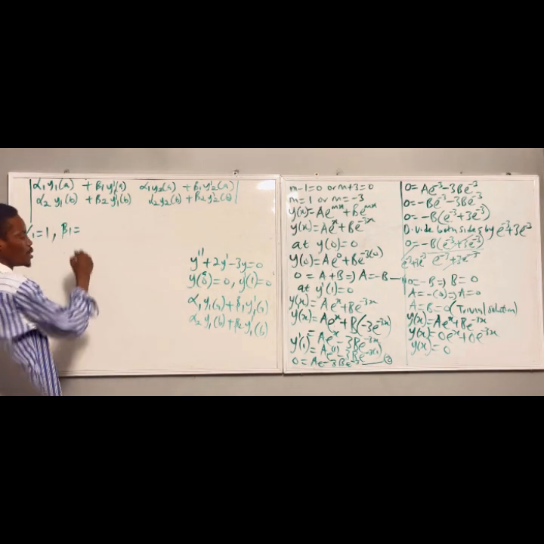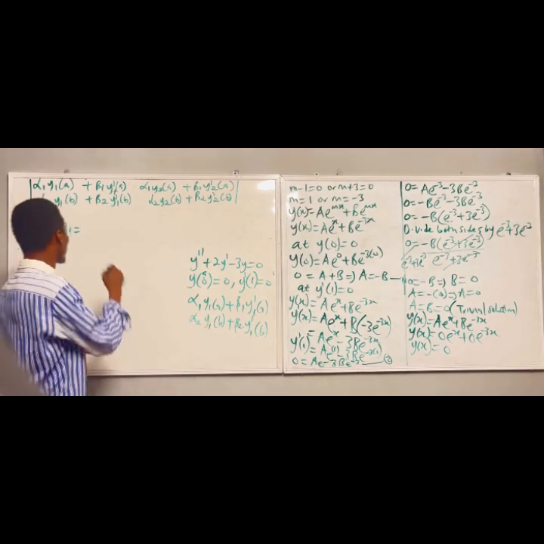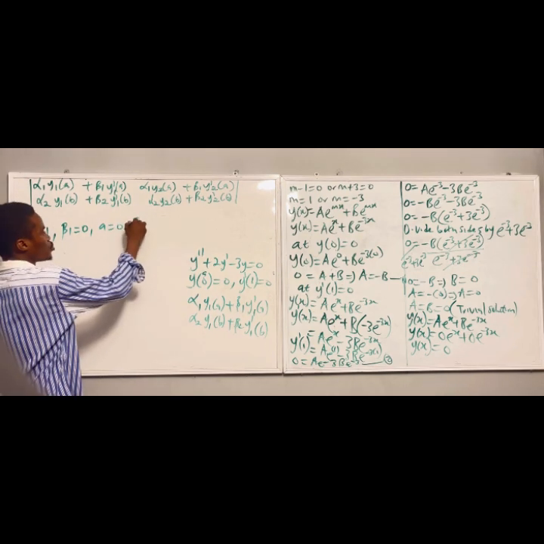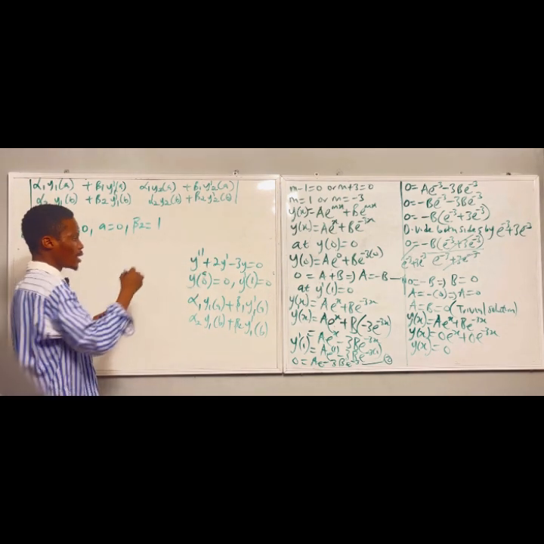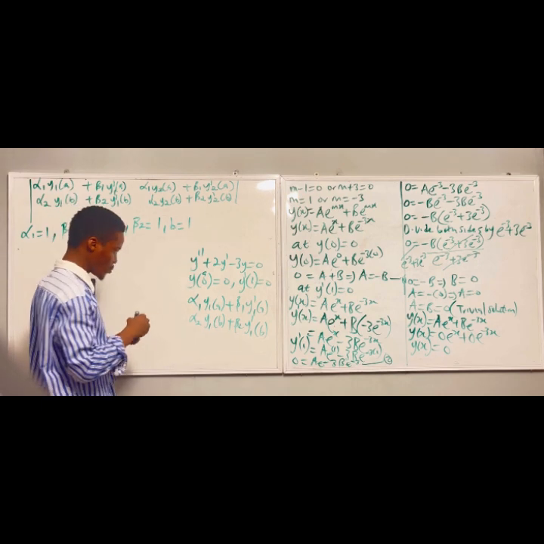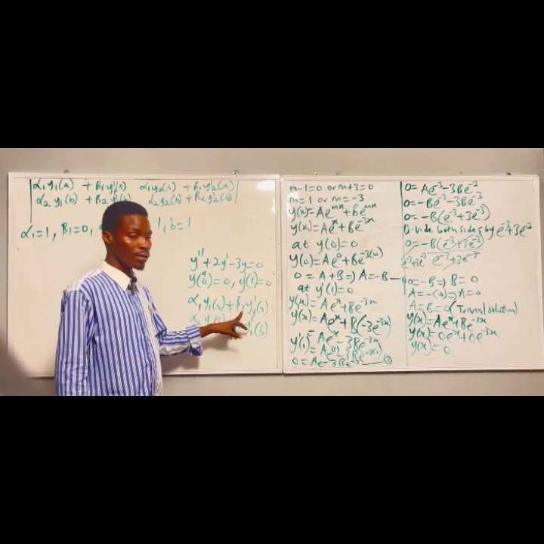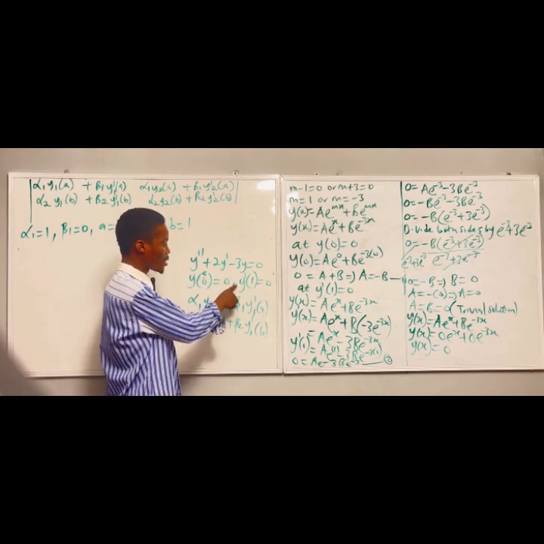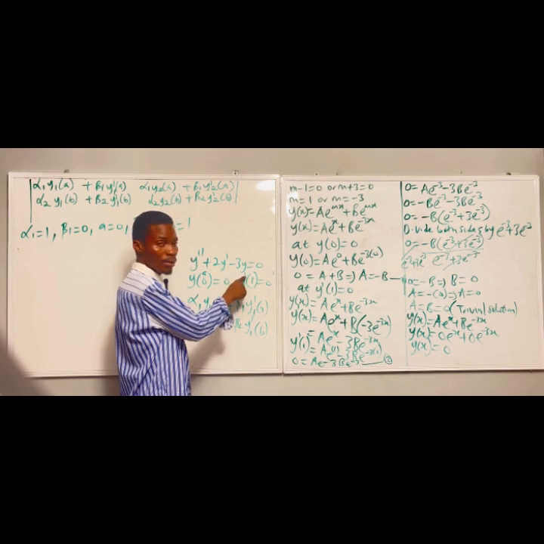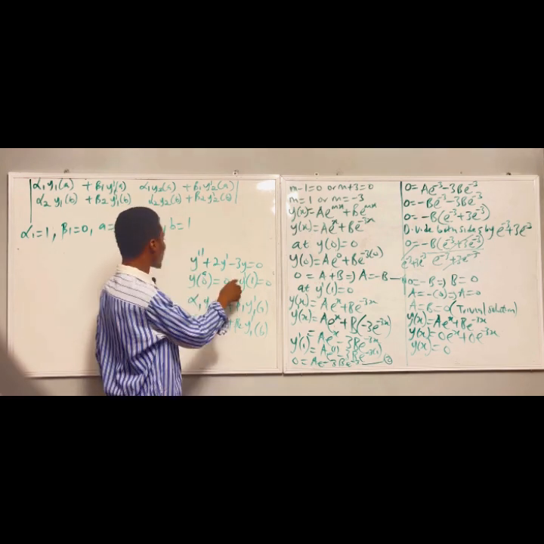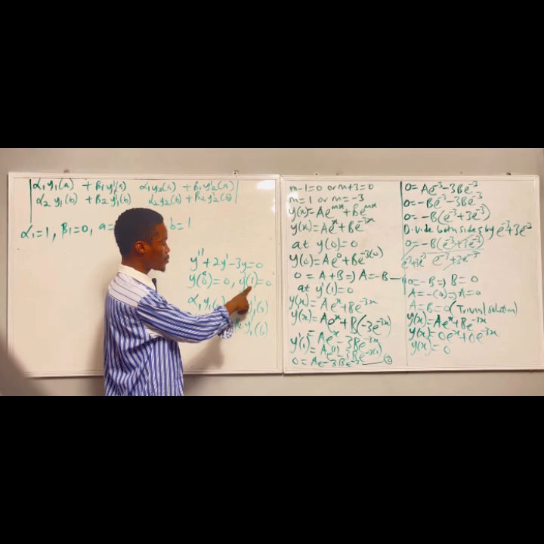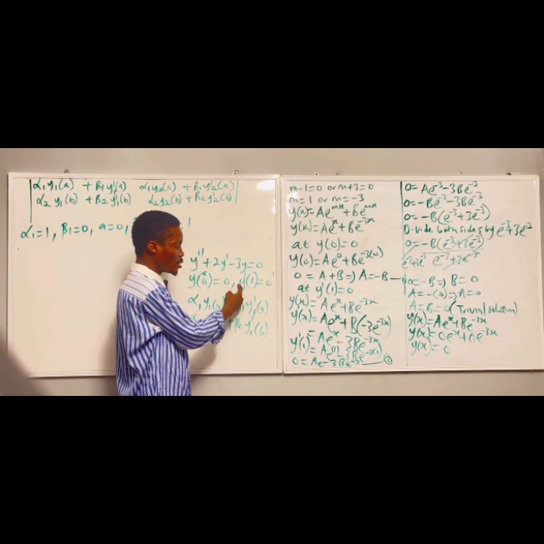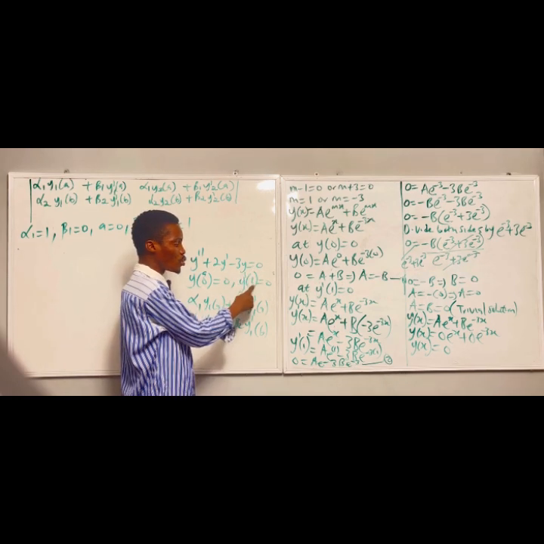What's our beta 1? If you look, we don't have beta 1, so our beta 1 is 0. Our beta 2 is 1, and our b is 1. This y prime of 1 equal to 0 stands for beta 2 y prime of b, and the coefficient of that y prime is 1, while our b is 1.